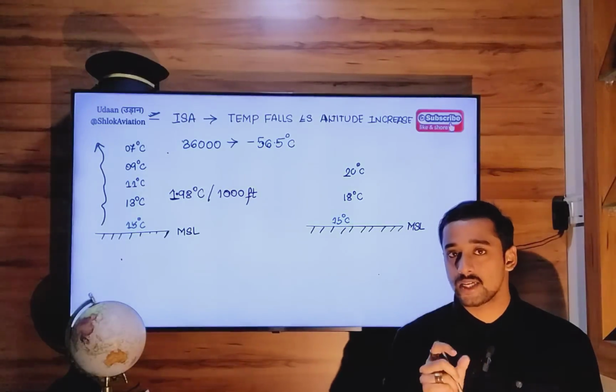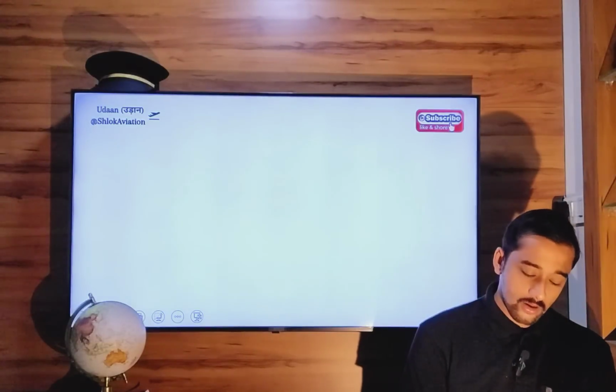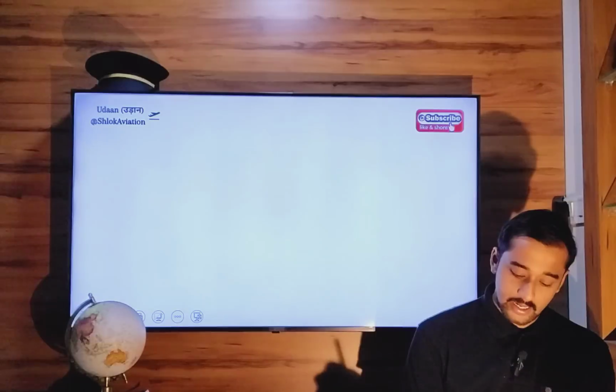Inversion, inverse. What is the meaning of inverse? Inverse is nothing but the reverse of something or the opposite of something, right?